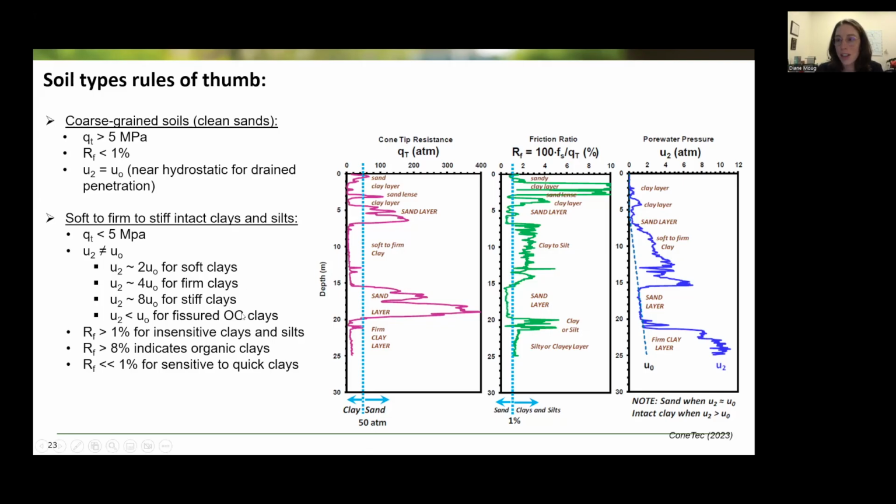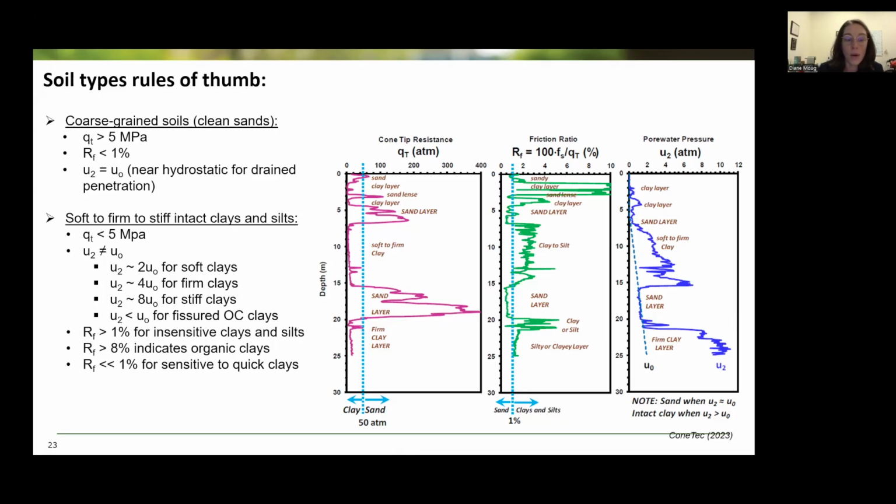And then if you have fissured and highly overconsolidated clays, the measured U2 pore water pressure can be less than the static pore water pressure. Friction ratio for clays tends to be greater than 1% for insensitive clays and silts, indicating that the sleeve friction relative to the cone tip resistance is high compared to sands.